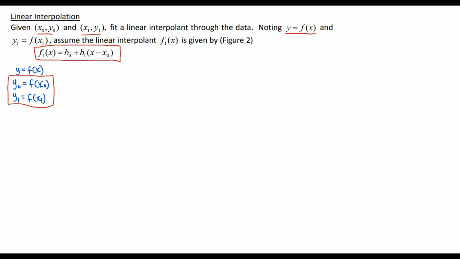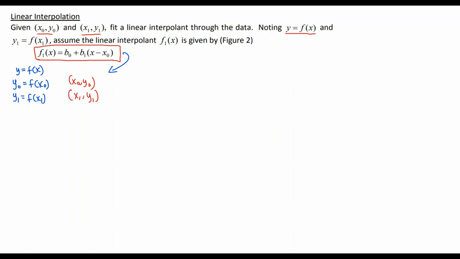So let's go ahead. We have the data points: x naught, y naught, and then x1, y1. Those are the data points. We are assuming that this polynomial function, which is a first order polynomial function, will go through these two data points.